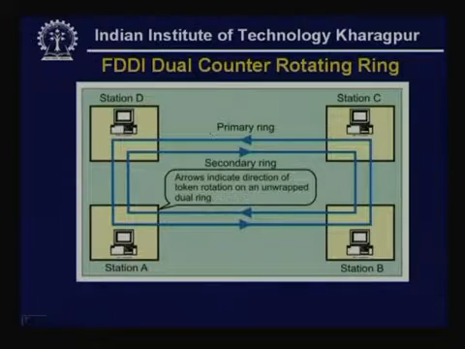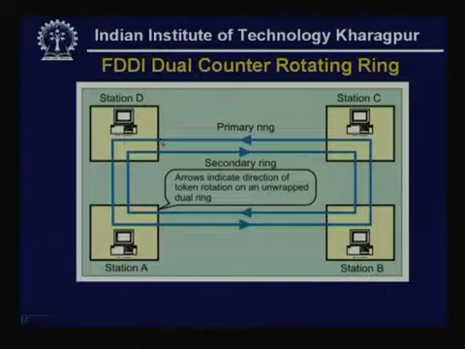The primary ring is normally in operation and the secondary ring is essentially standby. Here, as you can see, the arrows are showing the direction. The primary ring has an anti-clockwise direction, and the secondary ring has a clockwise direction. So, the packets or tokens can flow in these 2 directions.